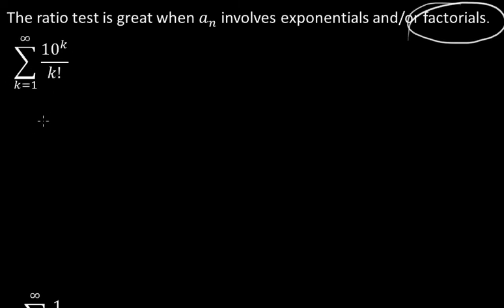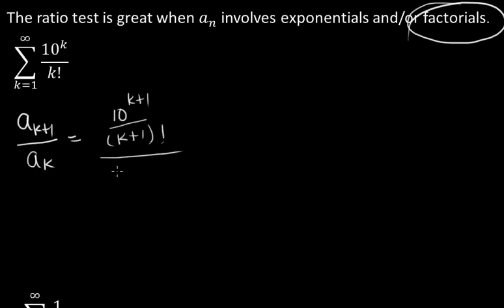So these are all positive terms, so we don't really need any absolute value. We'll do that later, I'm sorry. So let's just take a sub k plus 1 here and divide it by the term before it. In this case, a sub k plus 1 would be 10 to the k plus 1 power over k plus 1 factorial, divided by a sub k, which is 10 to the k over k factorial.